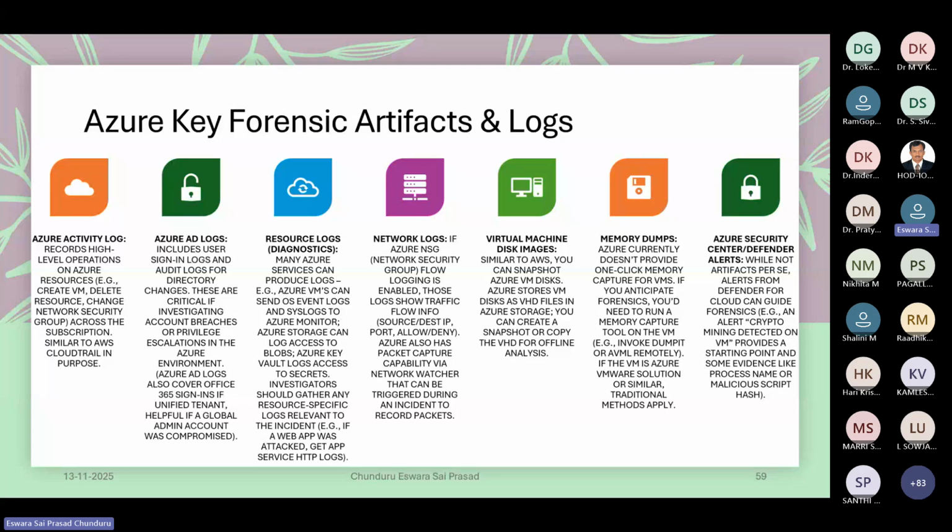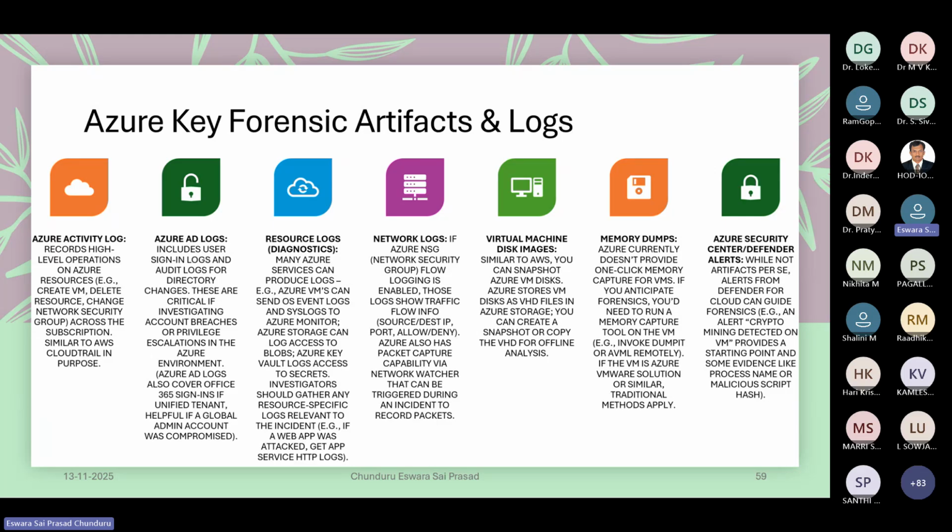And memory dumps: in AWS there is a capability to capture the memory of the virtual machines, but in Azure there is no such capability. The only option is to install a memory capturing tool, like FTK Imager or a DumpIt type of tool, into the virtual machine directly, and it has to be executed in the virtual machine to capture the memory of that particular virtual machine. That is the way around for capturing the memory dump.